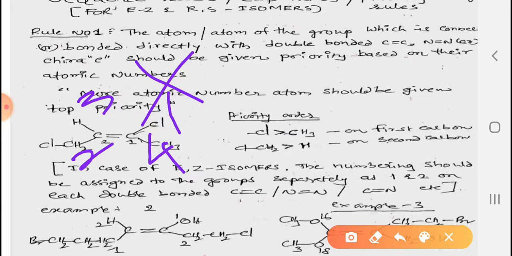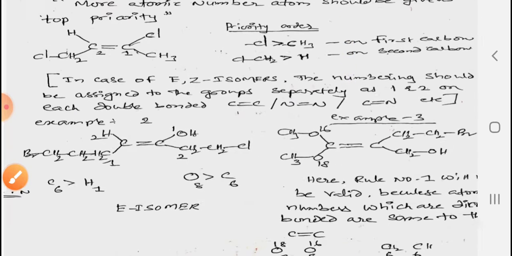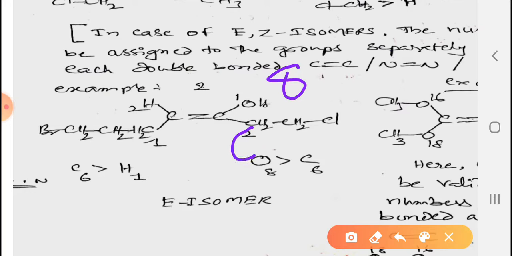Okay, good. And coming to the second example, here I already assigned the numbers. O is the first priority because its atomic number is 8. Here it is 6. Hence the higher atomic number will be first priority.